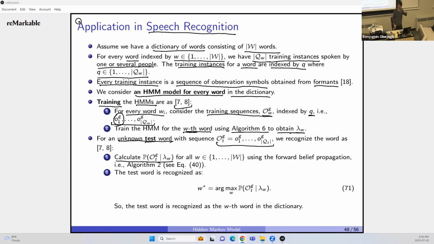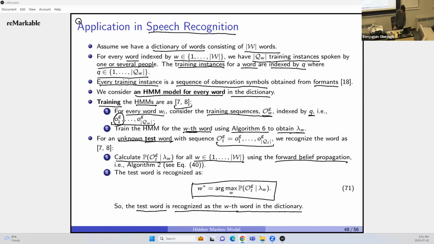For every word, I can calculate the probability, for all of the words in the dictionary, using the forward algorithm. Then the test word is the one which maximizes this probability. Which one maximizes the probability of generation of that word? Do you agree? And so the test word is recognized as the Wth word in the dictionary. Interesting.